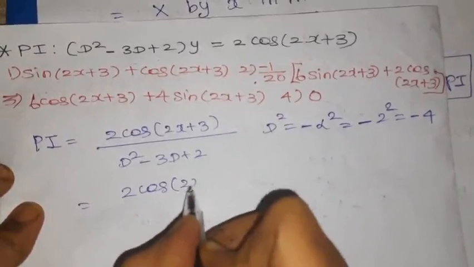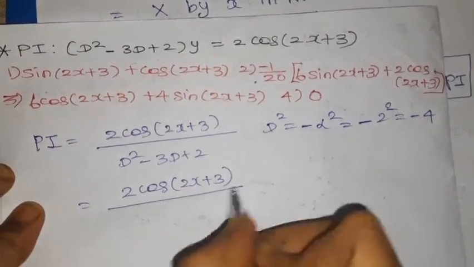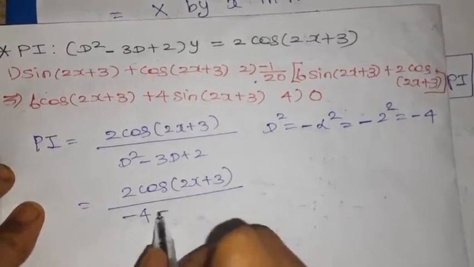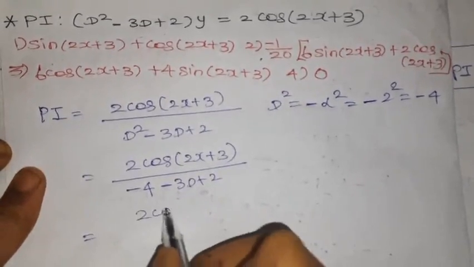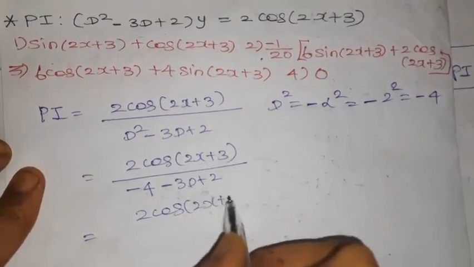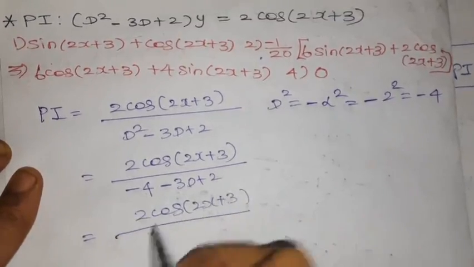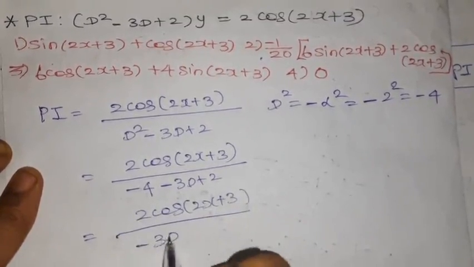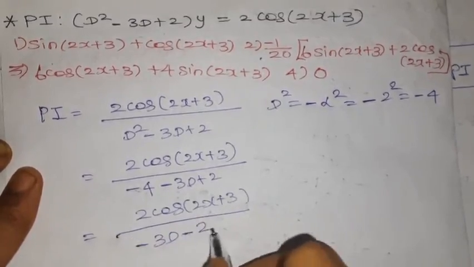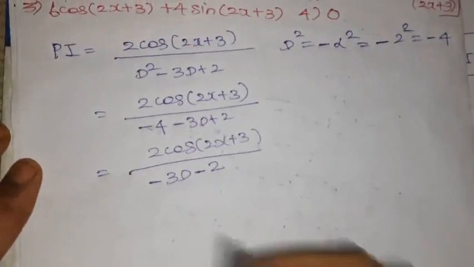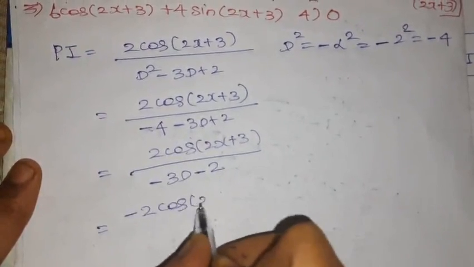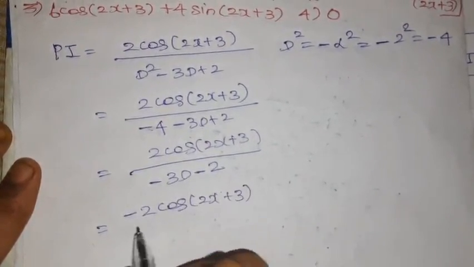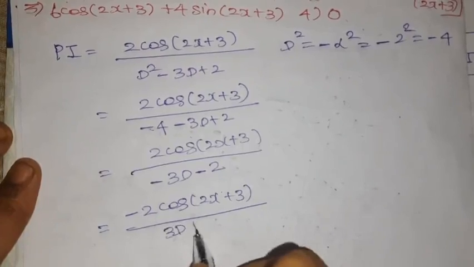2 cos of (2x plus 3) divided by (minus 4 minus 3D plus 2). What we will get? 2 cos of (2x plus 3) divided by (minus 3D minus 4 plus 2, minus 2). So take minus common in the denominator, cos of (2x plus 3) divided by (3D plus 2).